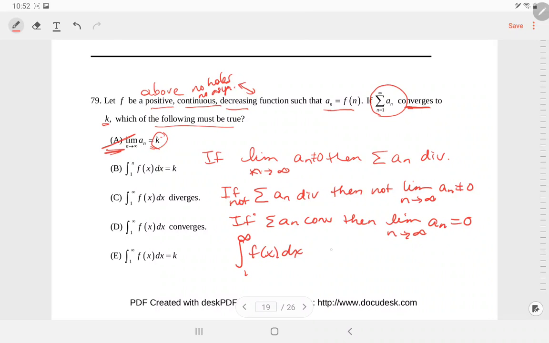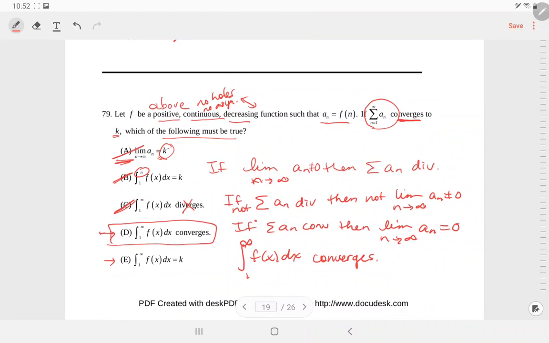And if that converges, then this converges. Back and forth, integral test. I would say diverges would be a no. I would say B does not have an infinity. This one is no because of the diverges. Looking at D and E, it's D. Let me tell you why it's not E.